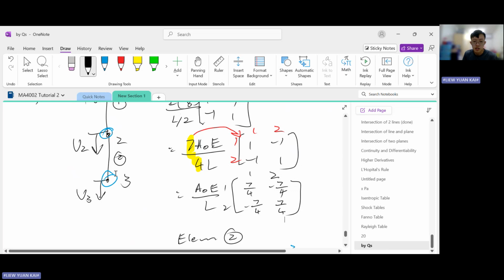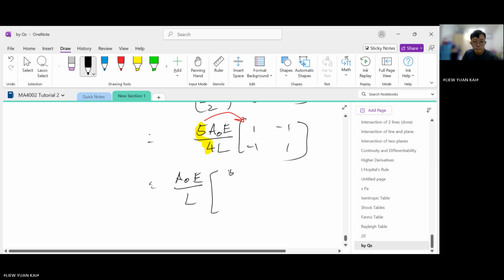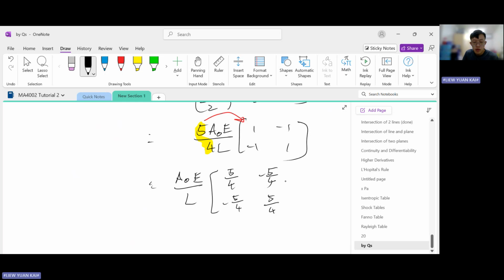You do the same thing with element 2's matrix. You take 5/4 and multiply it into each entry of this matrix. Okay, so at the end of the day, this is 2, 3, 2, 3.